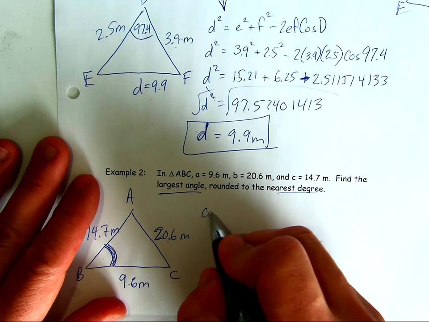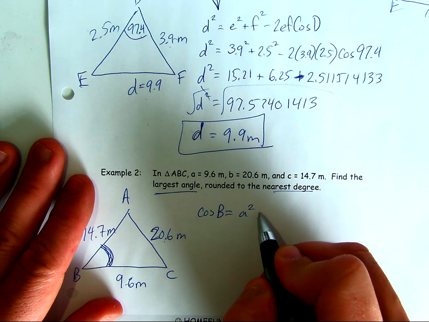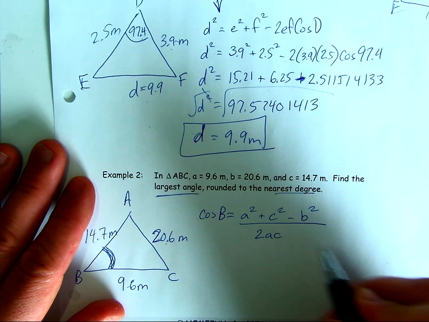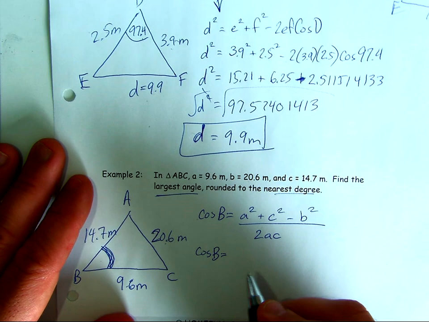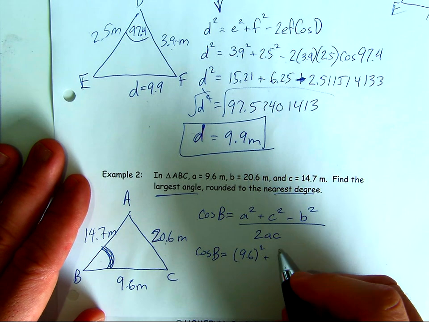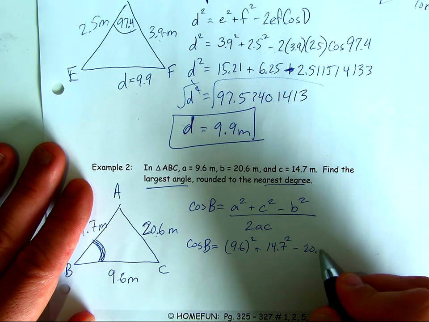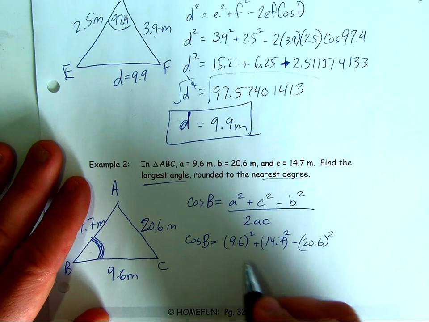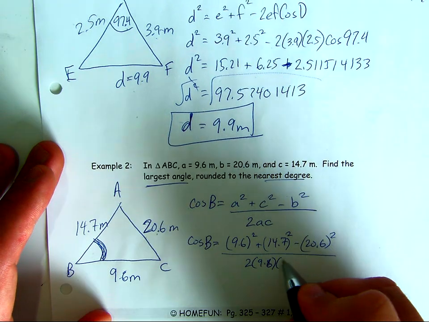So it's actually cos B is equal to little a squared plus little c squared minus little b squared all over 2 times ac. Continuing this, cos of B is equal to little a, which is 9.6 all squared, plus little c, which is 14.7 all squared, minus little b, which is 20.6 all squared, all over 2 times a, which is 9.6, times c, which is 14.7.